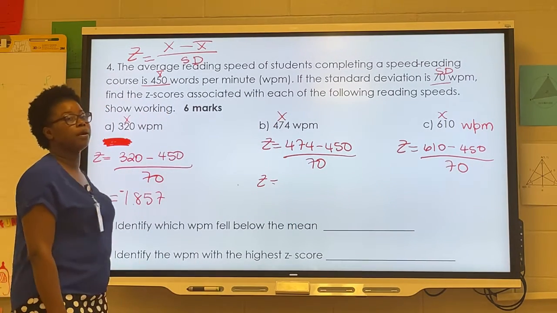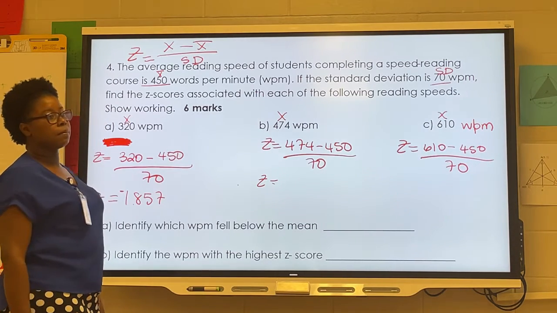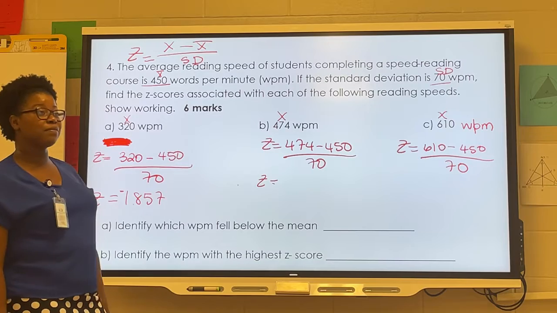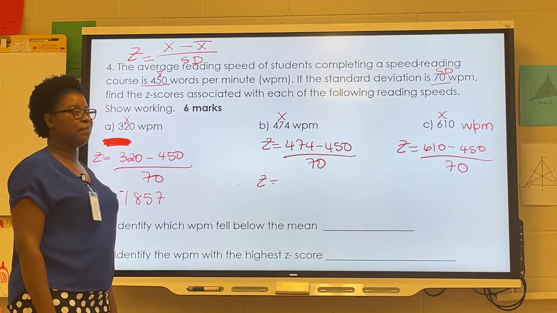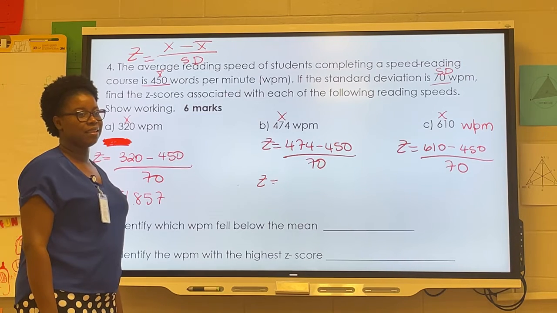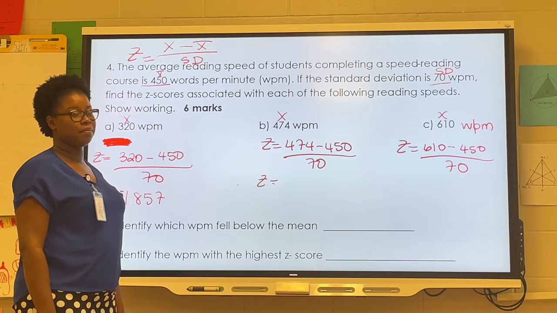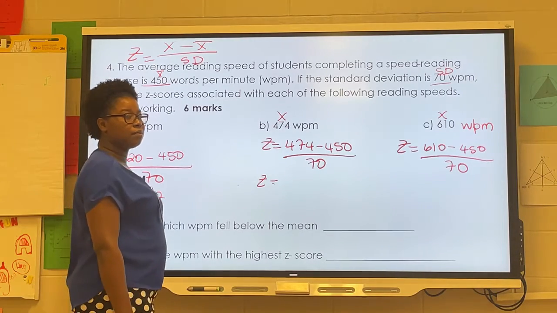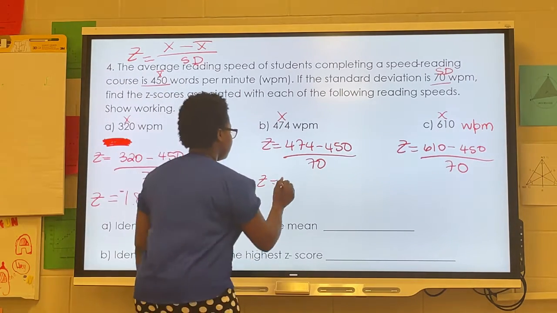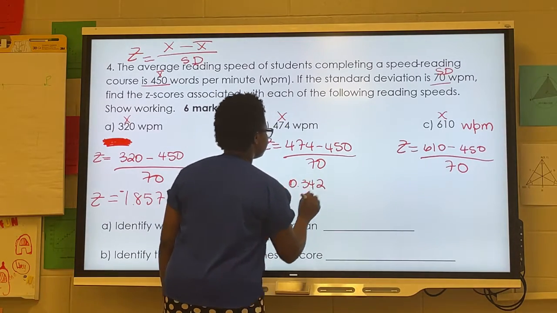So it's 474. You can write after. 474 minus 450. Thank you. And then put the equal sign, then divide that by 70. That gives 0.342.